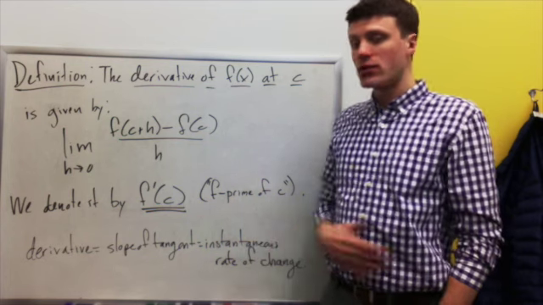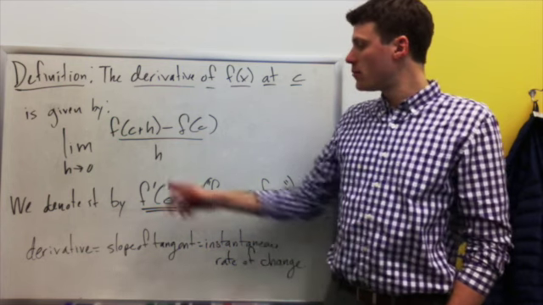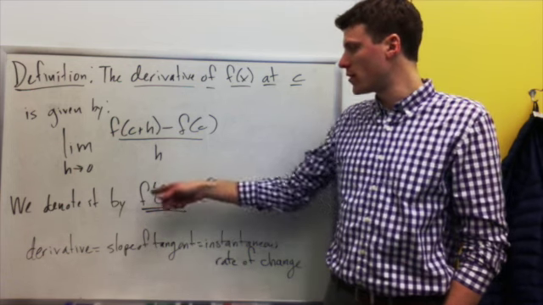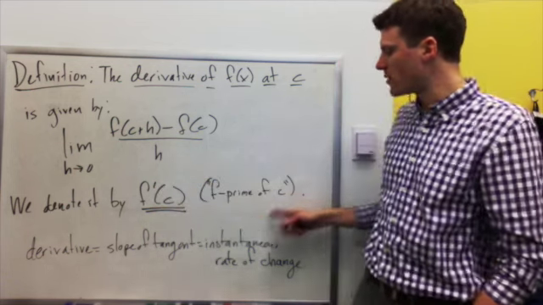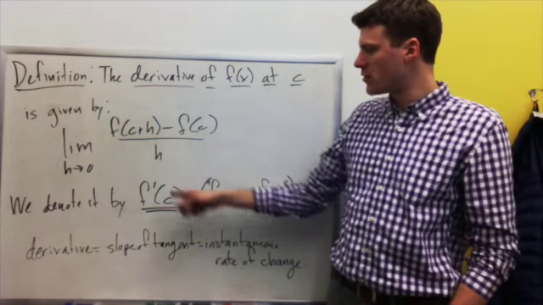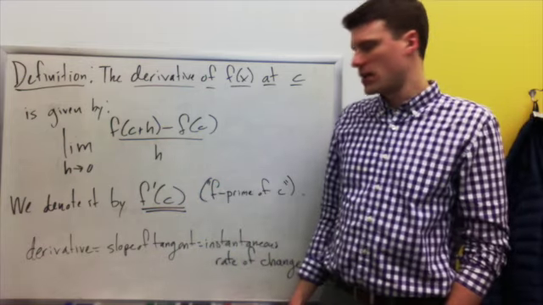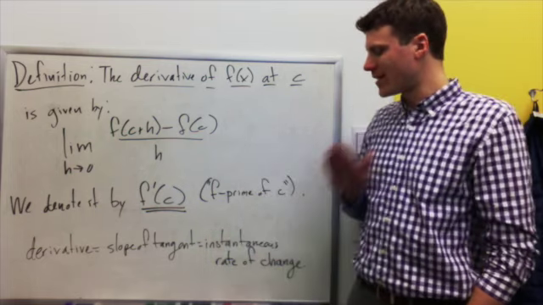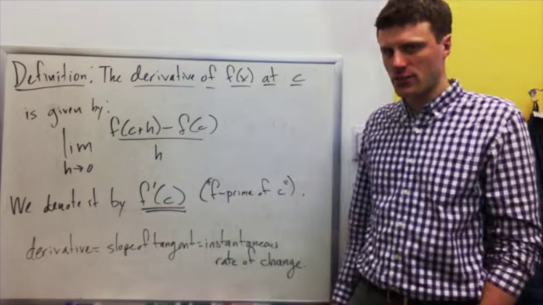We denote this quantity by f with a little apostrophe, which we call prime, so f prime of c. We read this as f prime of c, but it's just like function notation, but you put a little line there. And again, the derivative is the slope of the tangent. It is the instantaneous rate of change.